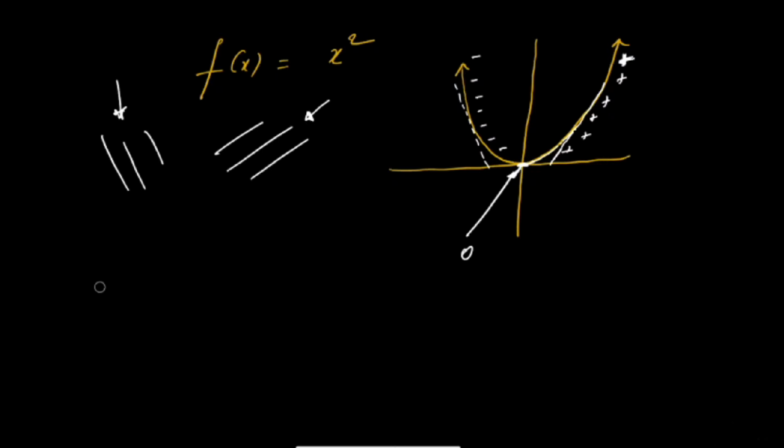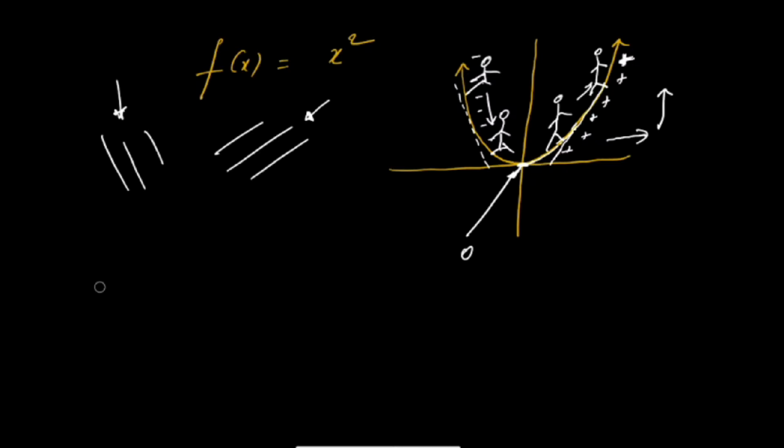That means if you move on this line from here to here, change in x is positive and change in y is also positive. So delta y by delta x is positive by positive, correct? Whereas if you move on this section from here to here, what is happening?